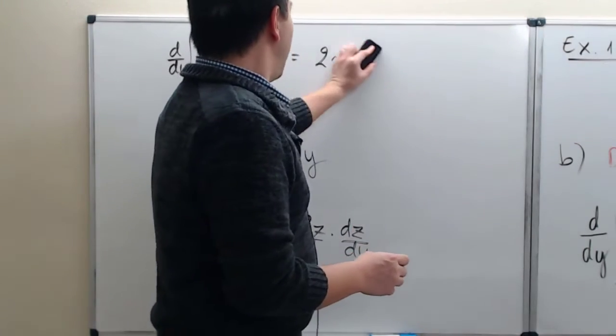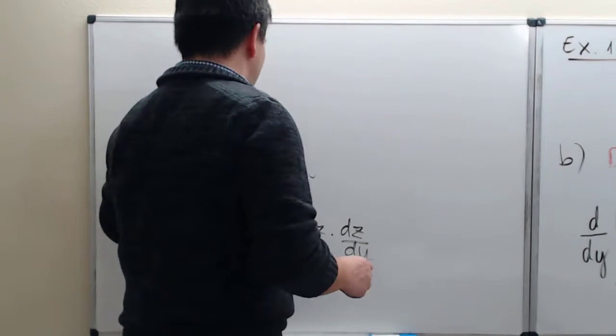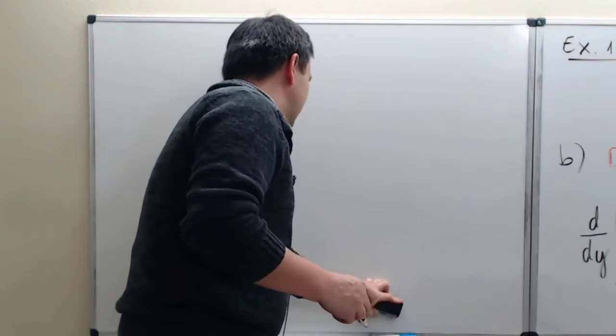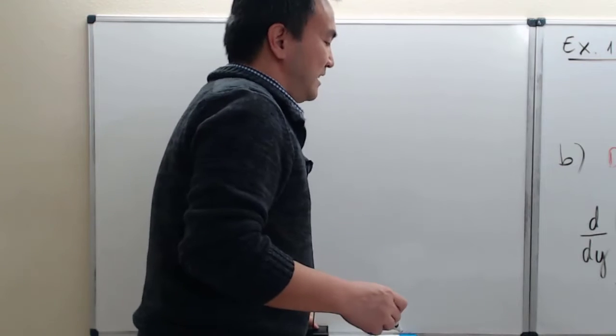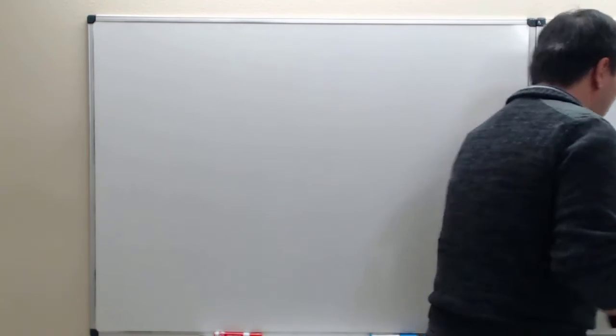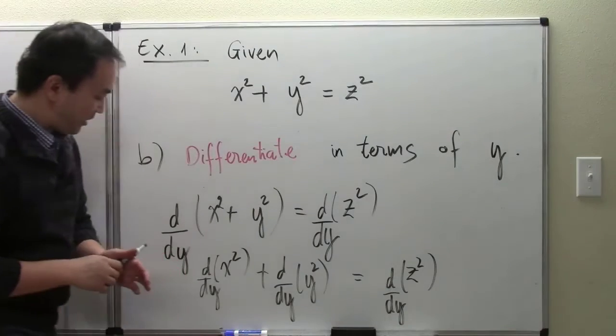So allow me to have a minute or so to erase all the work here, because that's just scratch work for us. And so now one more time we're going to quickly look back at that equation here.